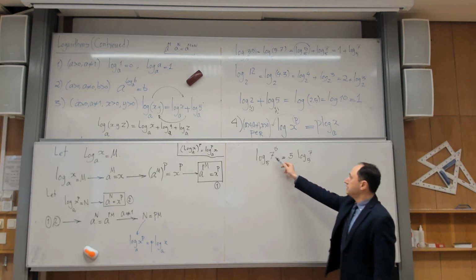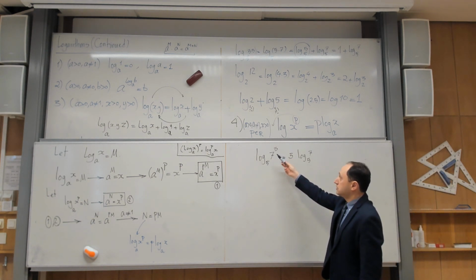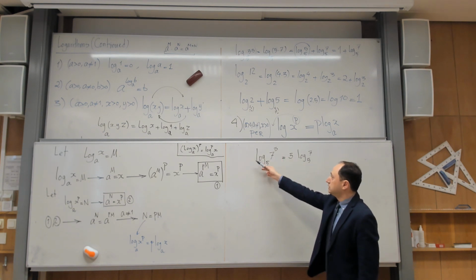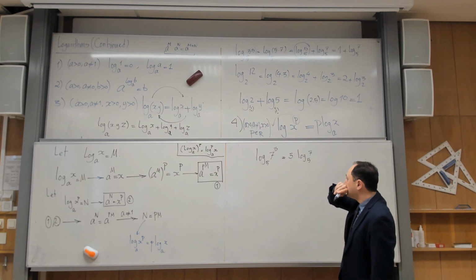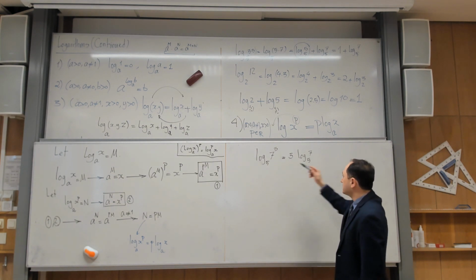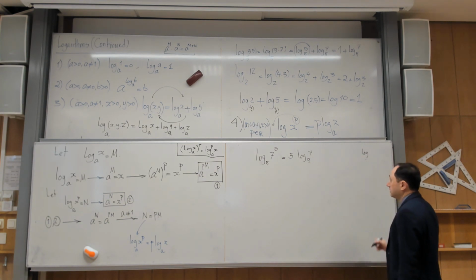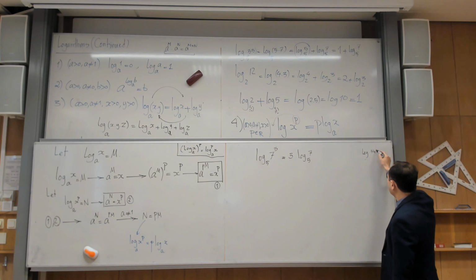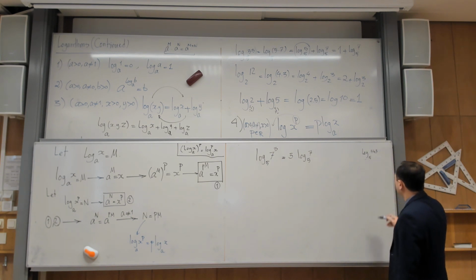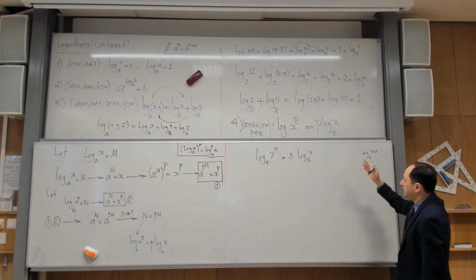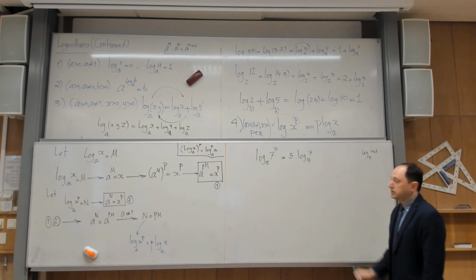So this is 7 to power 3. It is 343 or something. And then you move it to the other side, yes? Yeah. So this means that the logarithm of 7 to power 3 is 343 in base 5. So this number is exactly 3 times larger than this number.